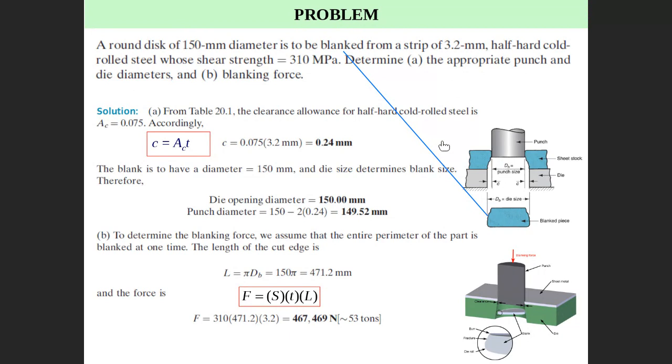As I told you, we need to do blanking. This is 150 millimeters, so immediately, without even thinking, the die diameter is 150 millimeters.